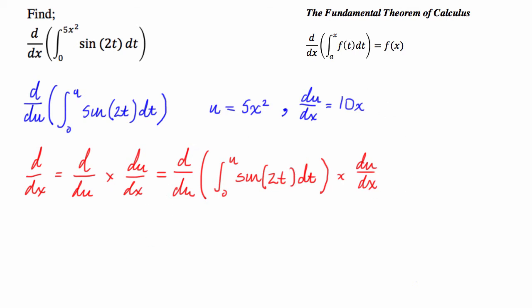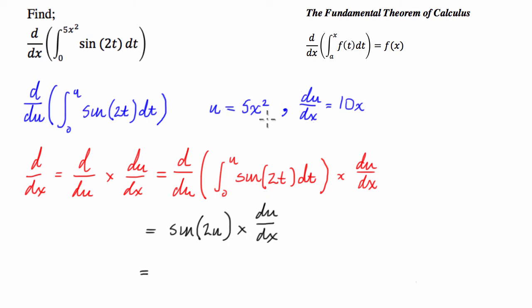So from here, I'm just going to have sine of 2u here. This is going to be equal to the d du of this, which is simply sine of 2u, times du dx. Now what we can do is substitute in what we know.